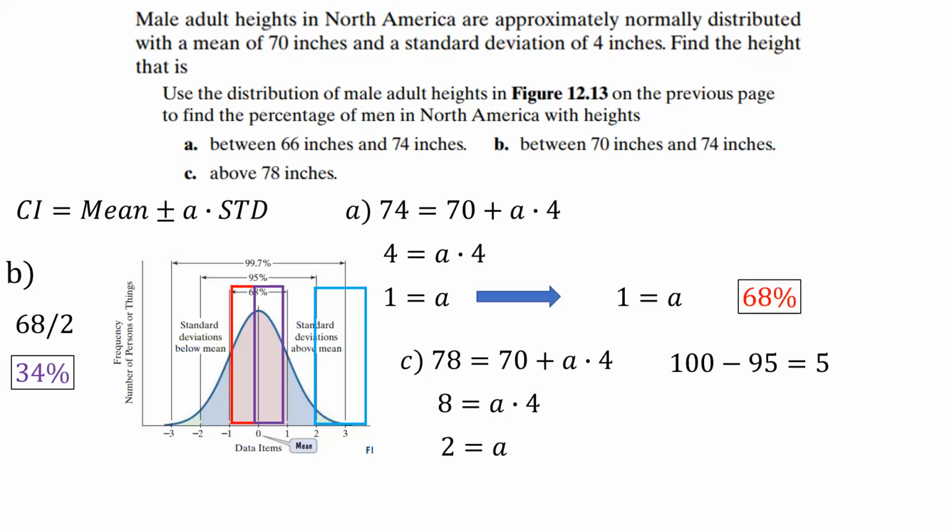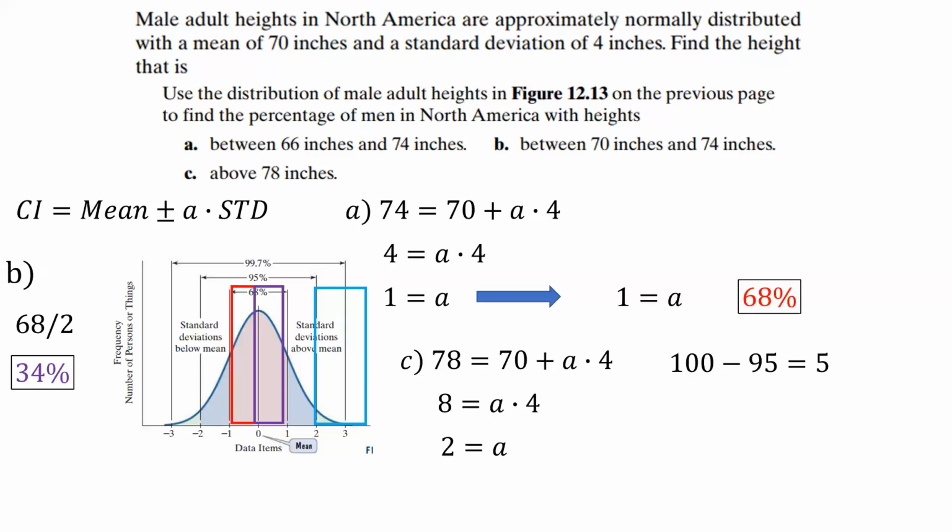From -2 to 2 standard deviations away from the mean, I have a total of 95% of my data. So all I have left for the stuff outside of that region is 100 minus 95. That tells me that 5% of my data falls outside of the red, outside of the blue.